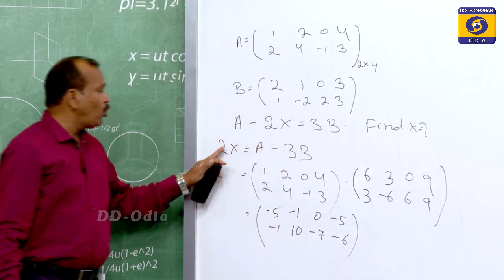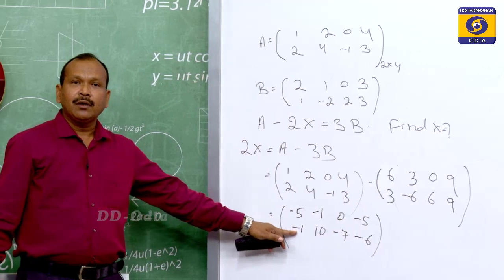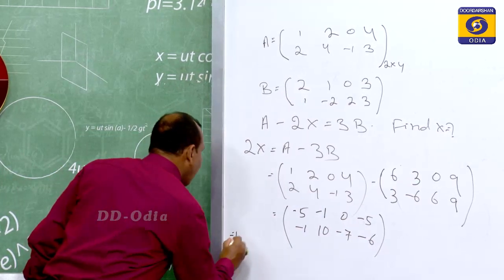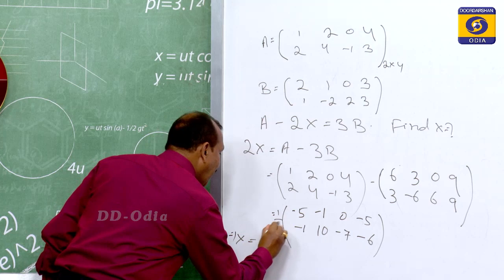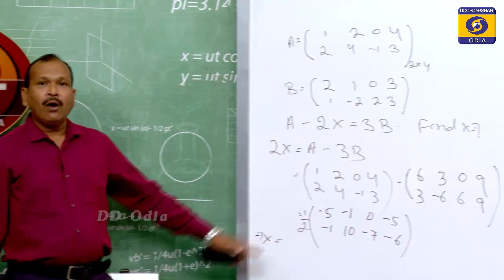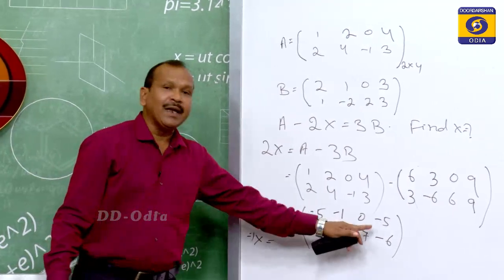Then we have 2x equal to this one. This implies that x becomes half times this one. Now half is a scalar and this is a matrix.